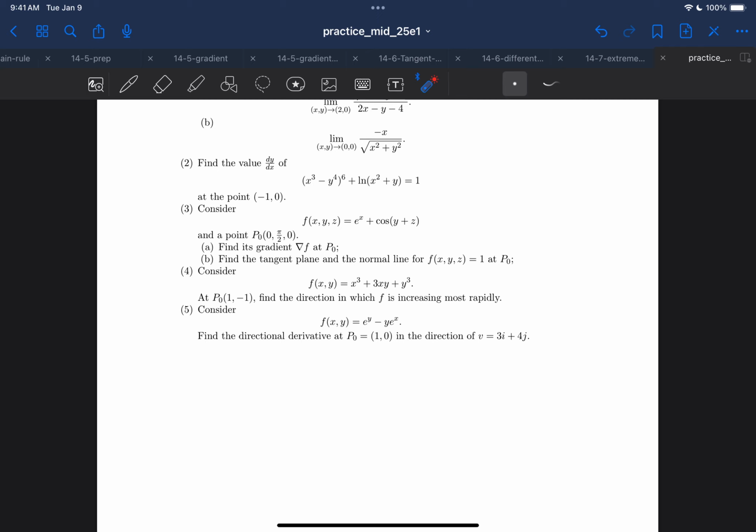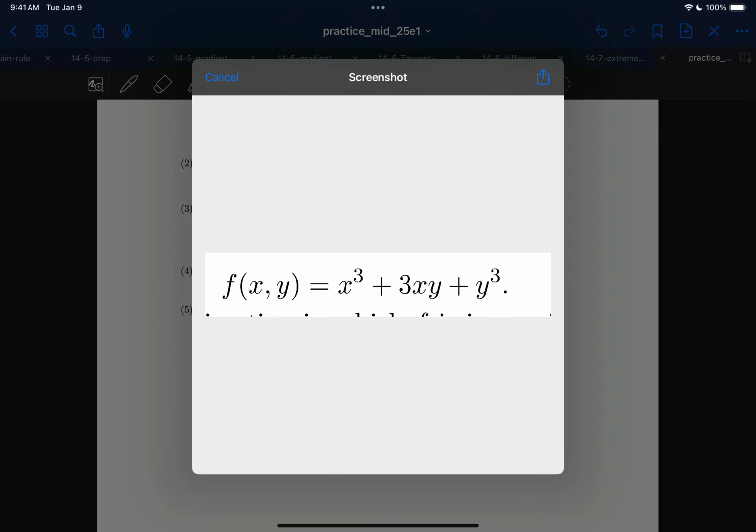If you go opposite, then it is decreasing most rapidly. So we want to find the direction which increases most rapidly. In other words, you want to find the gradient and normalize it, because for a vector to be a direction, you have to normalize it to unit length.